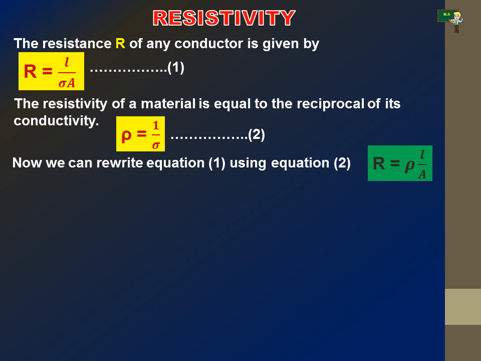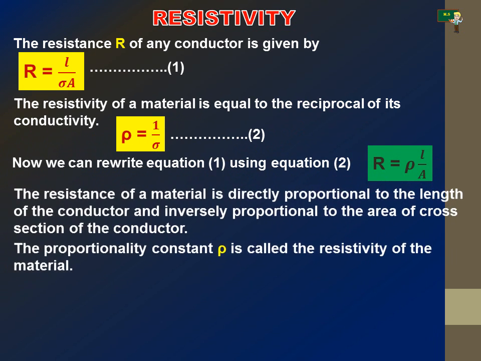Now we can rewrite equation 1, and using equation 2 we get R is equal to rho into L by A. The resistance of a material is directly proportional to the length of the conductor, and inversely proportional to the area of cross section of the conductor, that is R is equal to rho L by A. The proportionality constant rho is called the resistivity of the material.